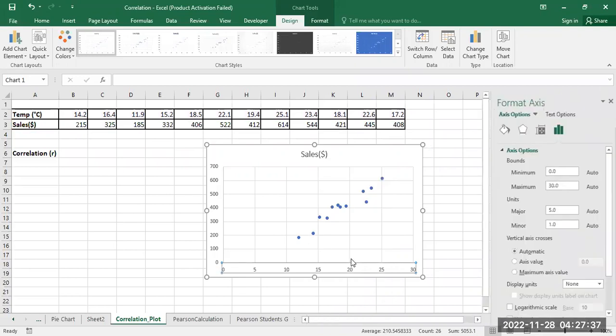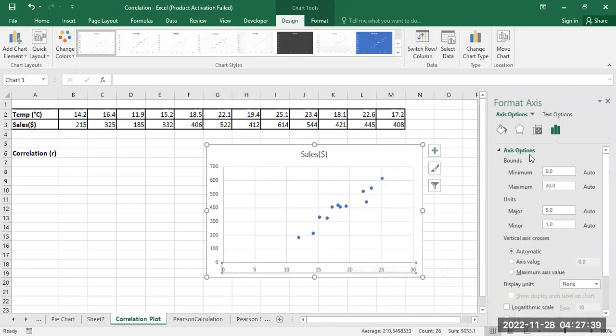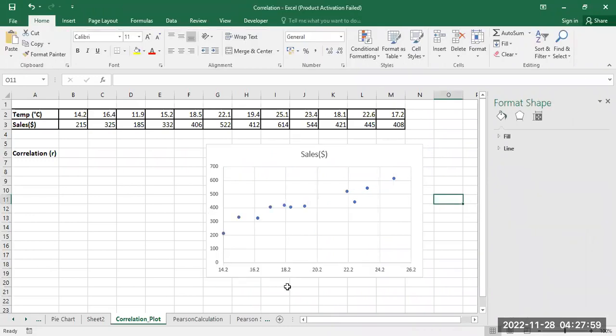From the menu, under Axis Options, I can see my Bounds Minimum. I put 14.2 as my minimum, and then click out, and you'll see that the x-axis has neatly adjusted.